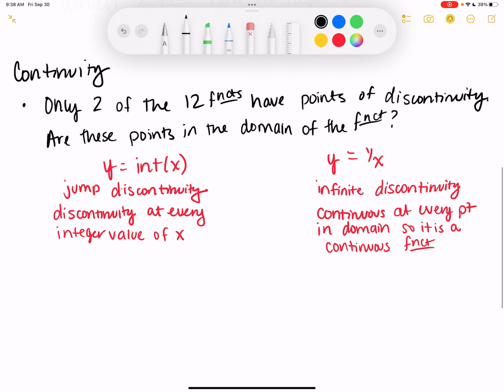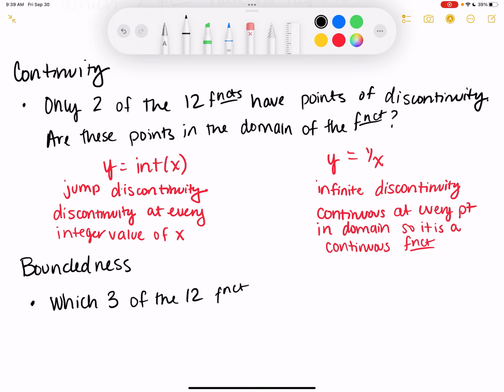All right, we're gonna do one on boundedness. Which 3 of the 12 functions are bounded?